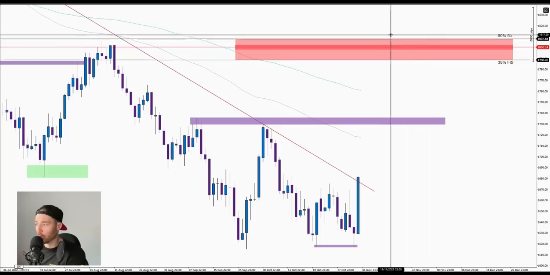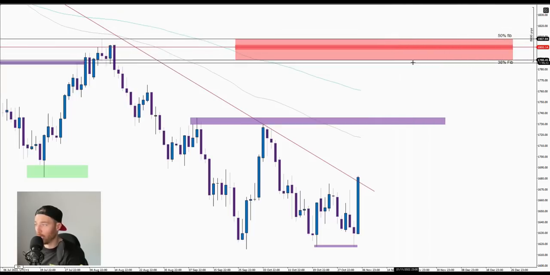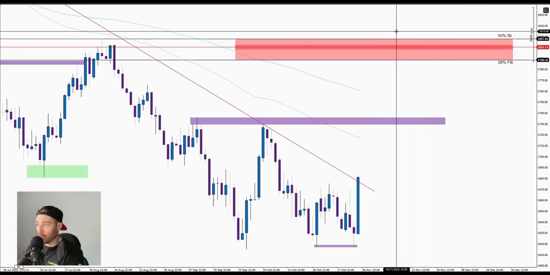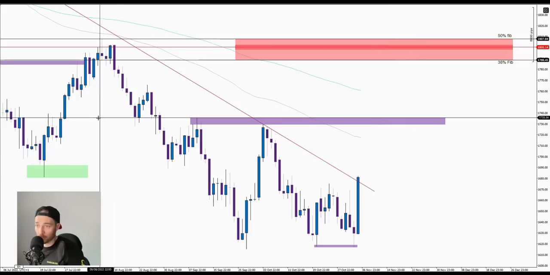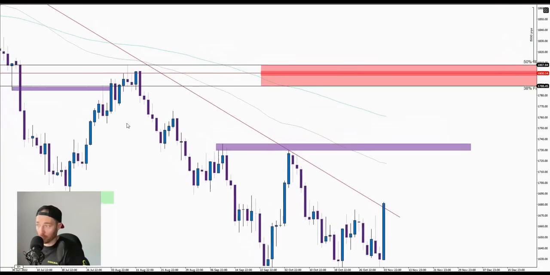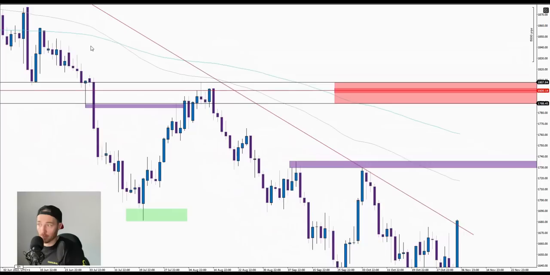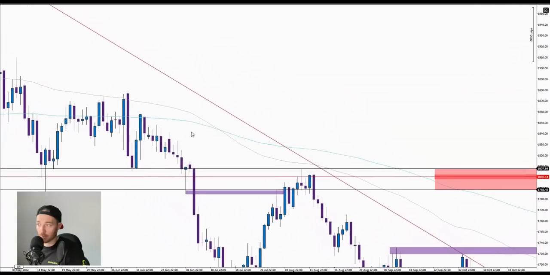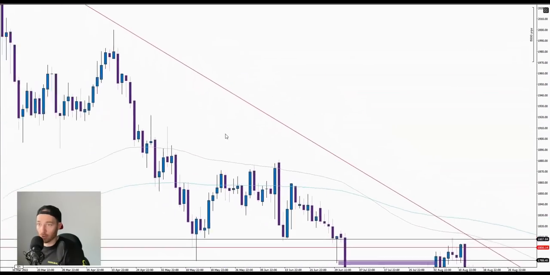So we are looking at this strong area here, which is a very strong area in my opinion. Why? If we are looking at the fib first, let me show you.